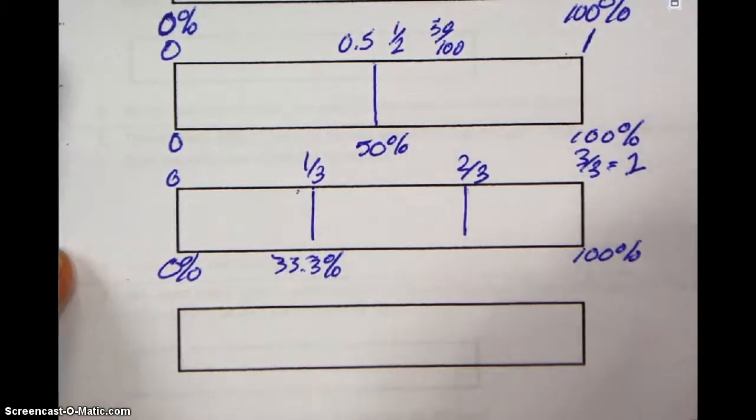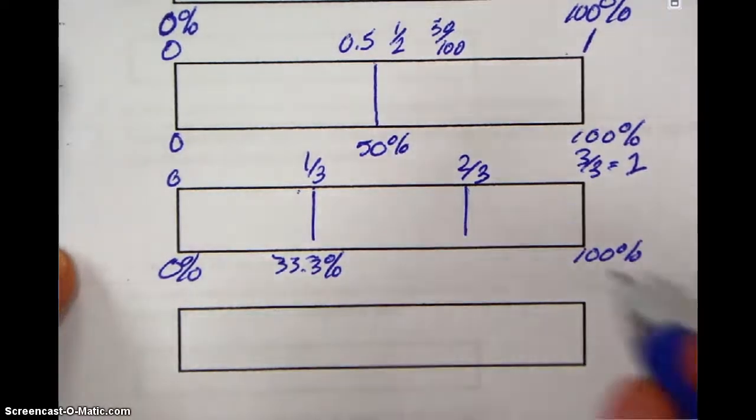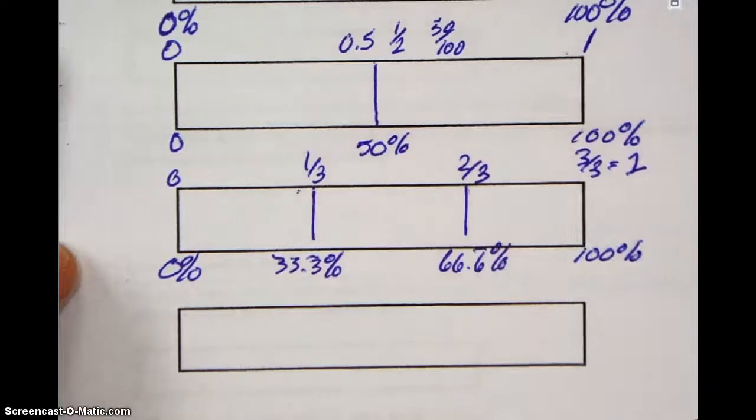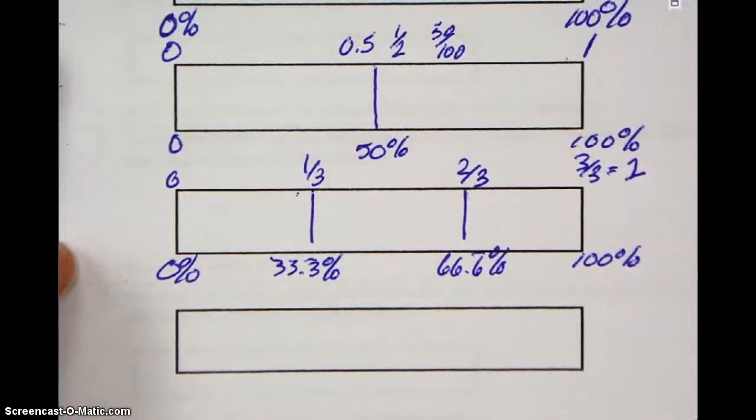That's very good. Okay, what if I had 2/3? 66.6 repeated percent. Okay, we really just doubled our 33 and a 0.3, right? Because we went from 1/3 to 2/3.